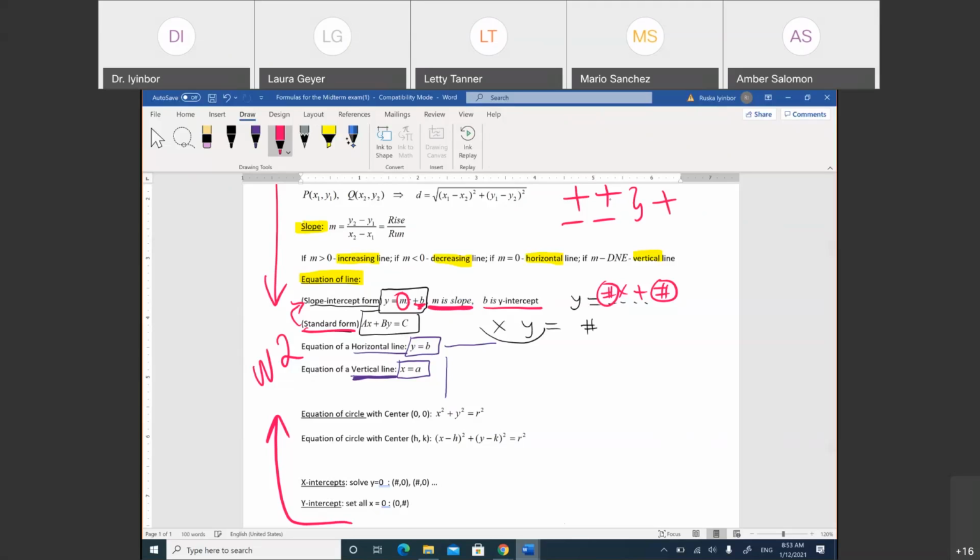And if they're different, like positive and negative or negative and positive, it doesn't matter, they're different. That's why the difference is negative. Okay? You can remember it like this also.